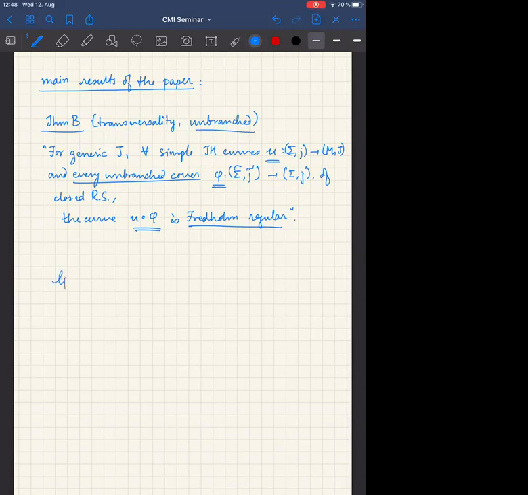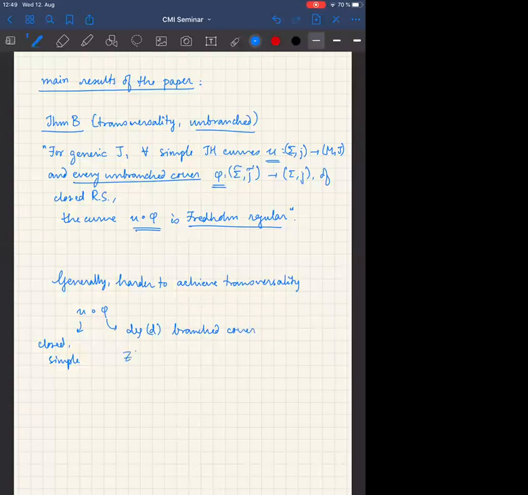In general, for the branched case, we have certain subtleties, as we mentioned earlier; it is harder to achieve transversality. So let's see what we can do. Suppose we are looking at a cover like this. u is a closed simple curve, and phi is a degree d branched cover. Suppose z_d(phi) is the algebraic count of branch points.